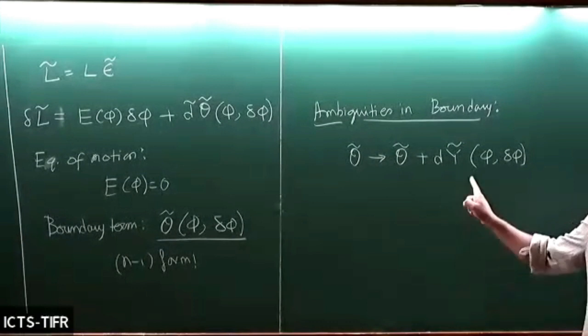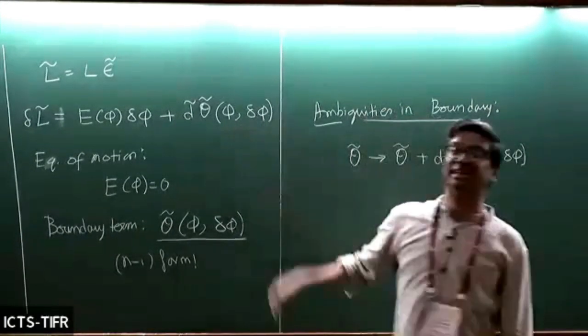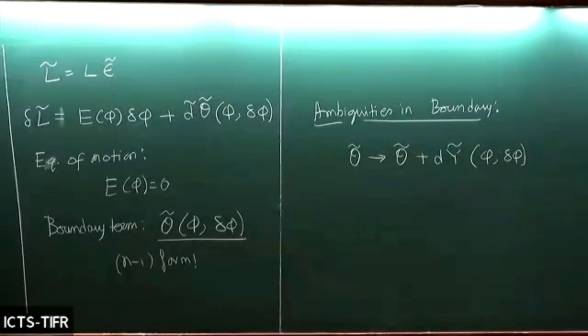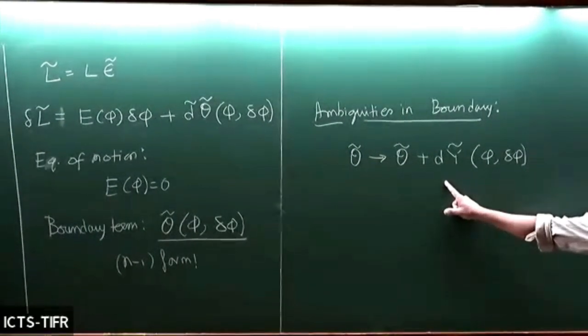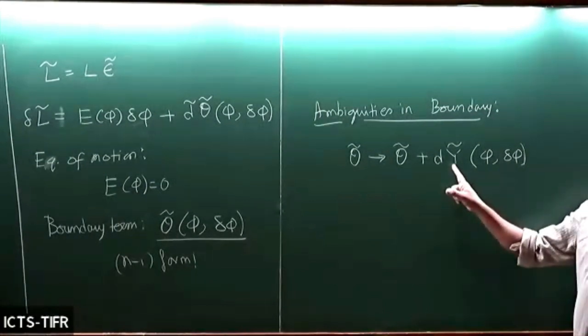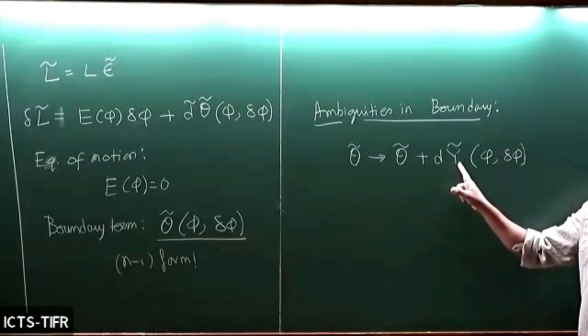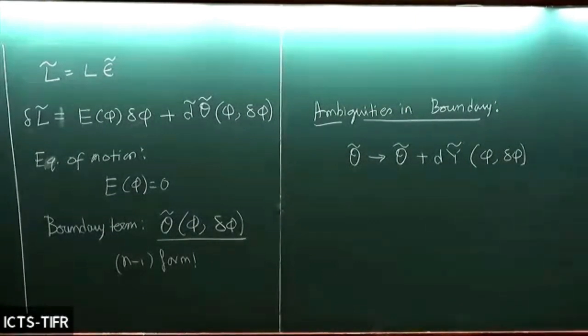Okay, so this ambiguity, so this and this will result in the same structure of the variation of the boundary term. So therefore, I can work with this theta, I can work with this theta also. Is that clear? Okay. What kind of form y bar is? Is it n minus what? N minus 2. Good. Because I am taking a d. Okay. Good.